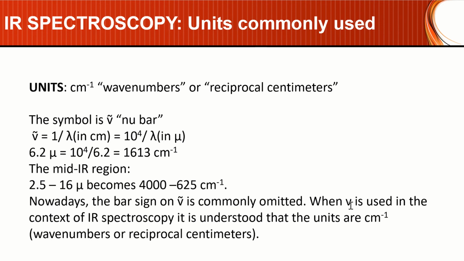So when we see nu, and we're going to say nu, right, because it's a Greek alphabet, when nu is used in the context of IR spectroscopy, it is understood that the units are wave numbers, right? So anytime we see this symbol here, we say wave numbers. And whether or not we see the bar, we know that once we are in the context of IR spectroscopy, we're talking about wave numbers.